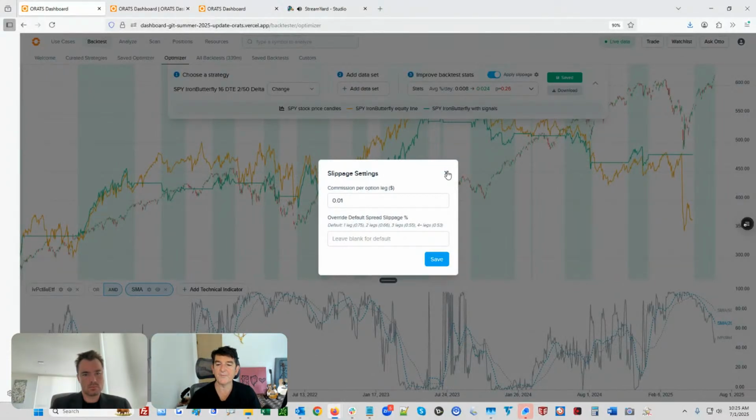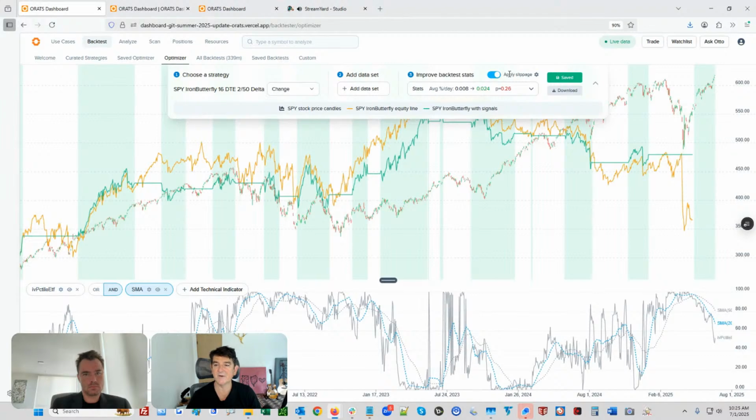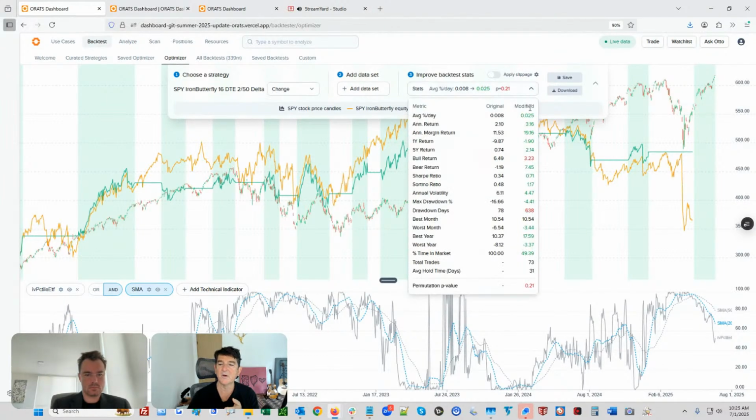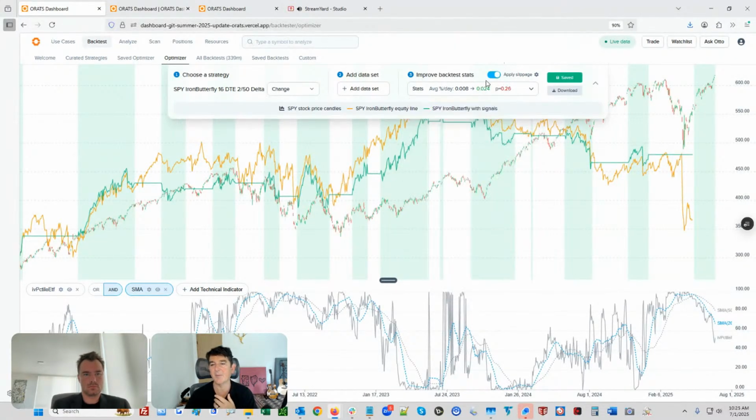So we have baked this slippage into the particular outcomes. And if you take it out, you can see that the results are a lot better. So clearly slippage is obviously a pretty big negative.